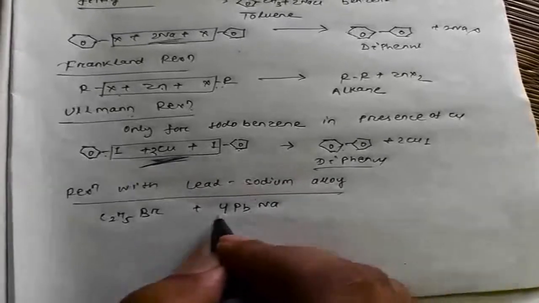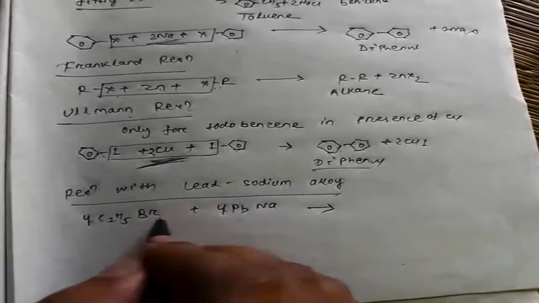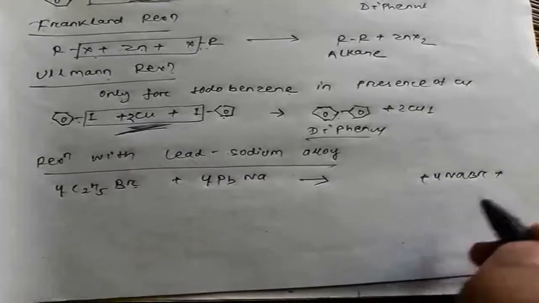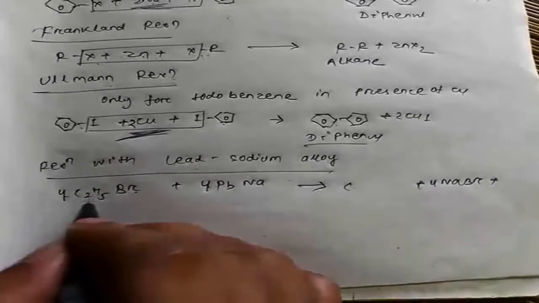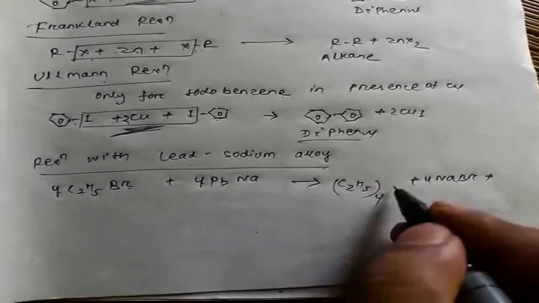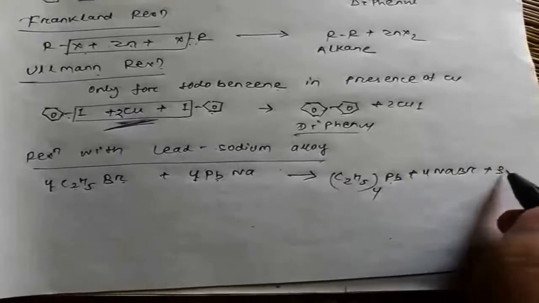4 molecules here are multiplied. 4 molecules of Na react with 4 molecules of Br to give 4NaBr. (C2H5)4, 4 molecules of C2H5, that is 1 lead Pb. The remaining 4 Pb, 1 is here, then remaining is 3 Pb.